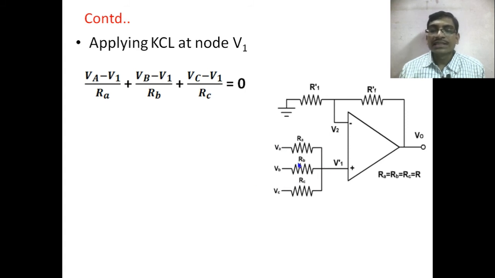These three currents are incoming currents, but there is no outgoing current here because the input impedance of our operational amplifier is very high, so no current will flow into the operational amplifier.